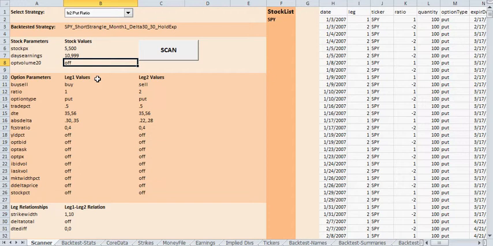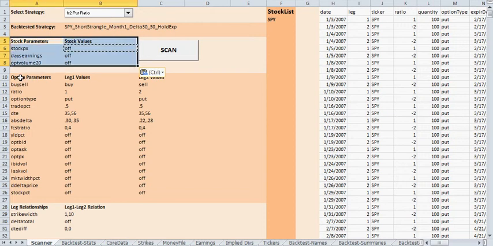And option volume, let's say I wanted something that traded at least 1,000 shares, so then I would put a high number after that for my maximum. But again, I'm not going to do that, so I'll just type in off for all these. Those are the stock parameters.